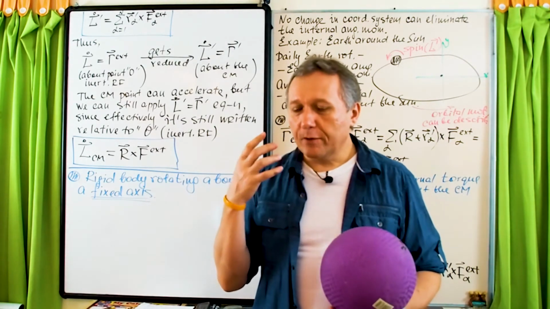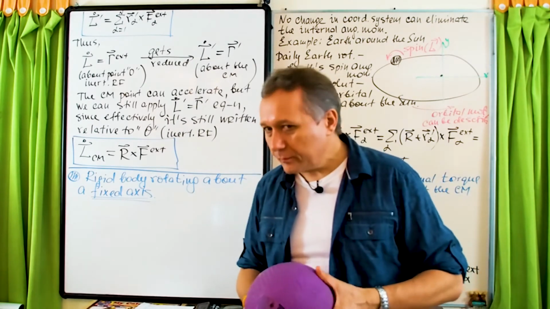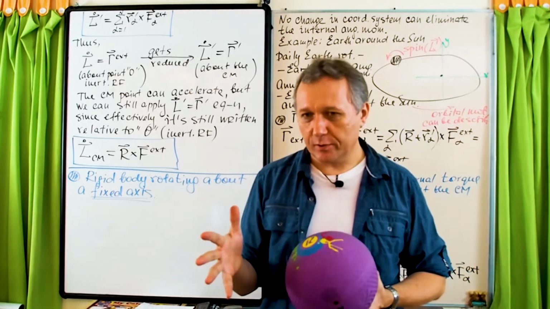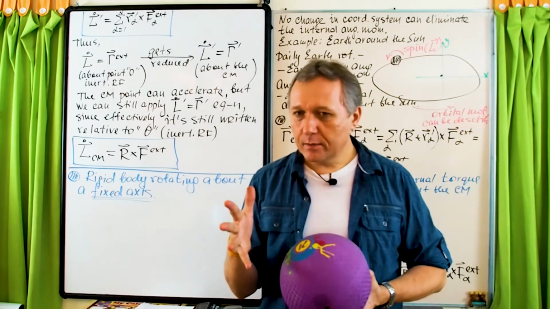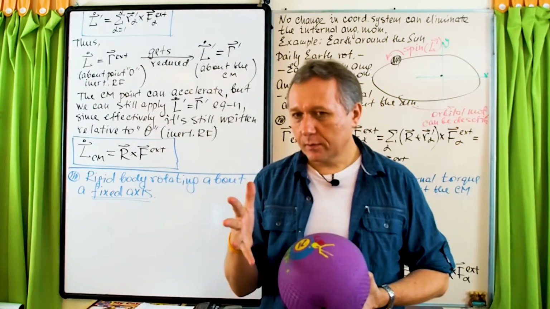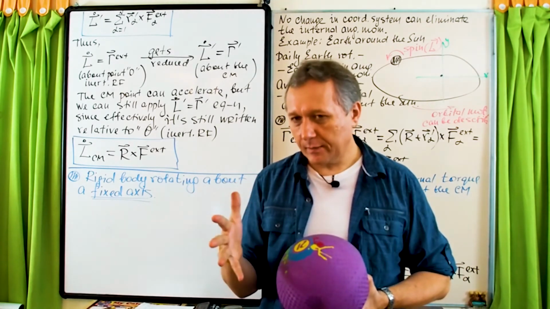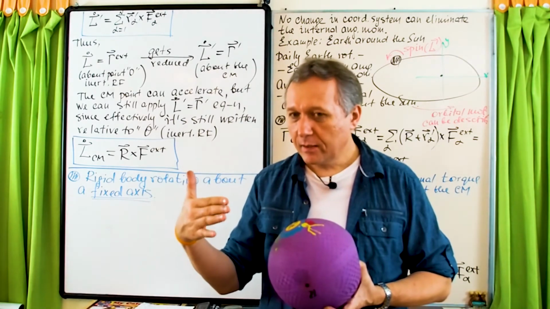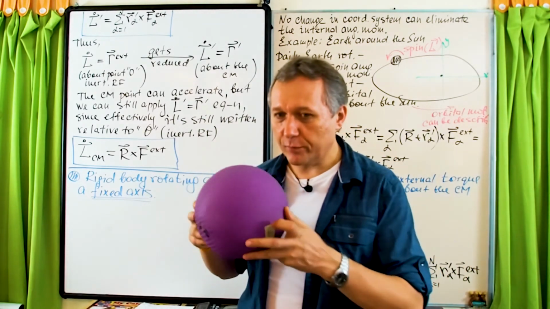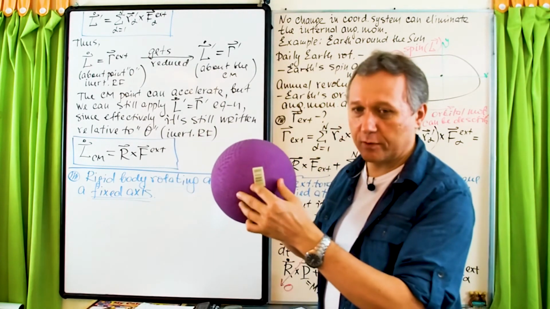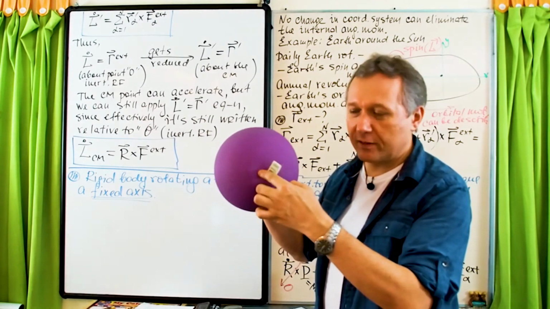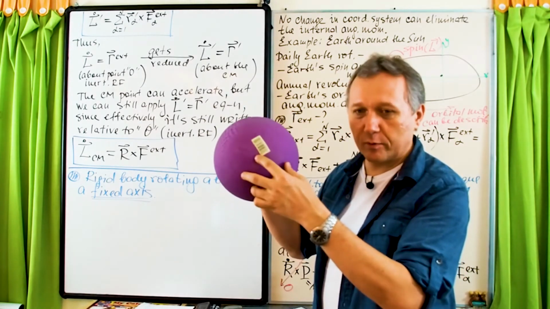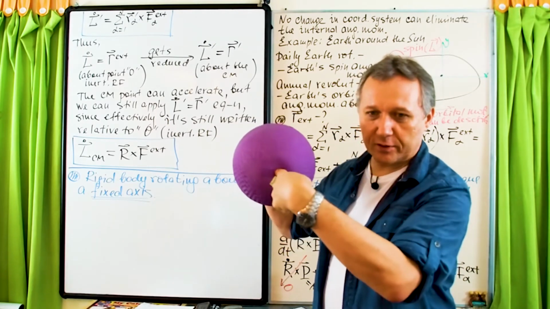All right, so a fixed axis is when the axis of rotation is along the same line, but that line can experience translational motion. For example, let's look this way. I'm still spinning the ball around my fingers, so the axis of rotation is my fingers.